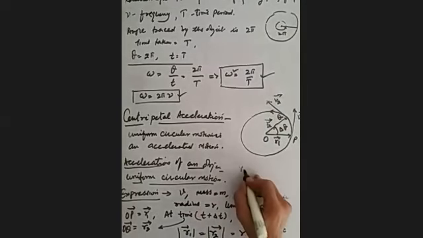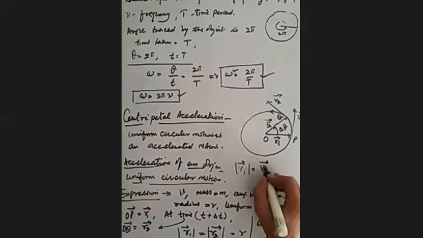So v1 and v2 are the velocity vectors at points P and Q. And because the speed is uniform, the magnitude of v1 is equal to v2, which is equal to v, because the motion is uniform circular motion.